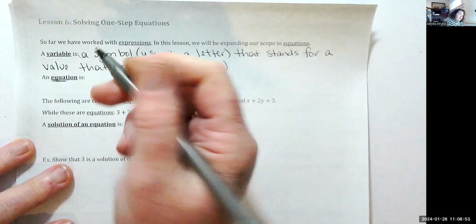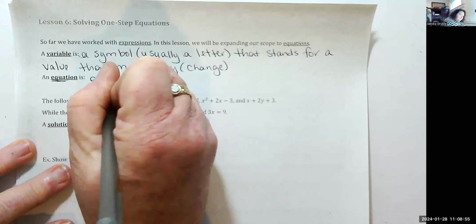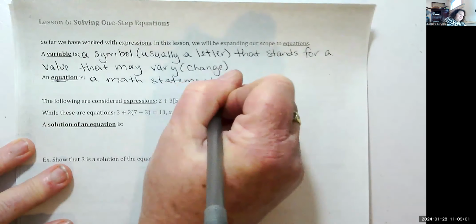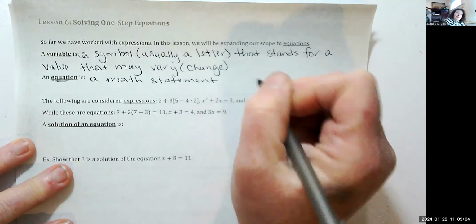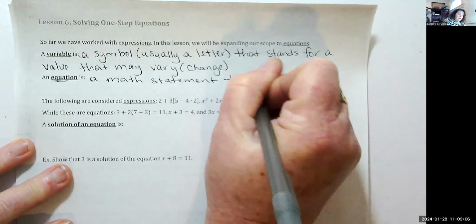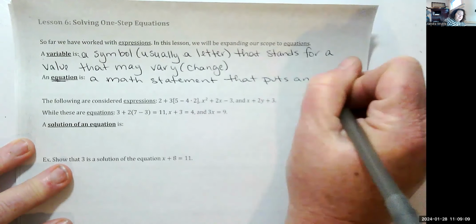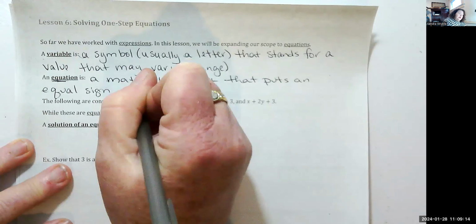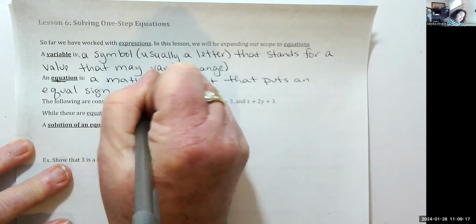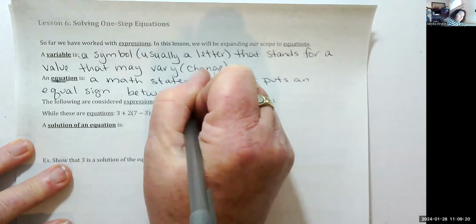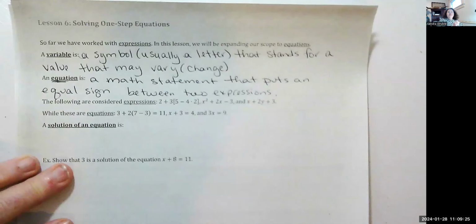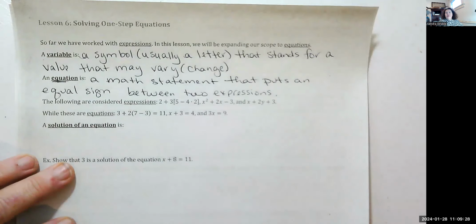It's a math statement that puts an equal sign between two expressions. The most important part that you need to get from this is the equal sign. For an equation, there needs to be an equal sign in order for it to be an equation.